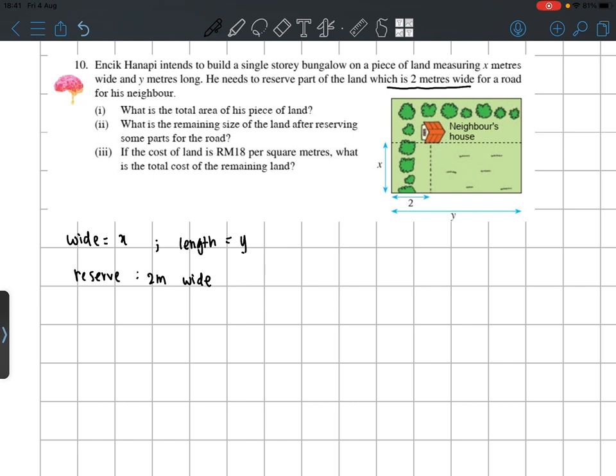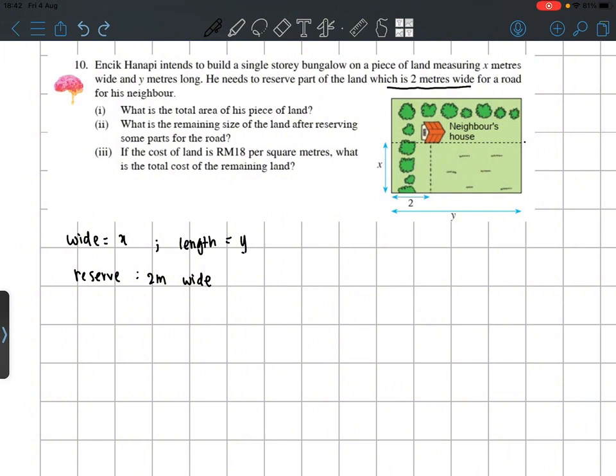Okay, let me see. Area of his piece of land, which means that we need to find the total area of this region. Then we need to minus the reserved part. The land is x meter wide and y meter long.